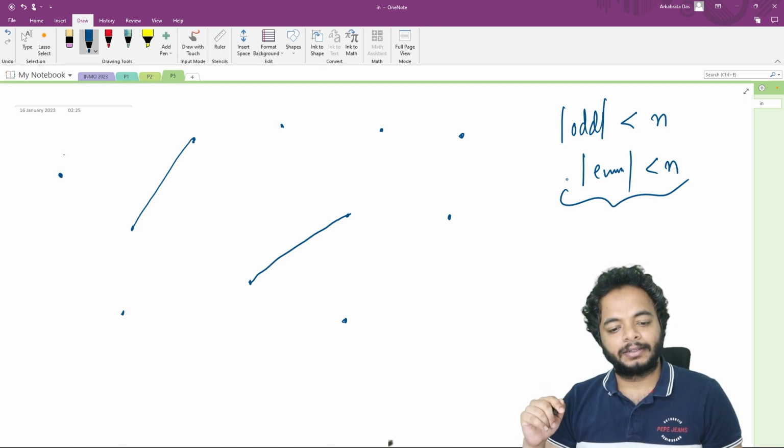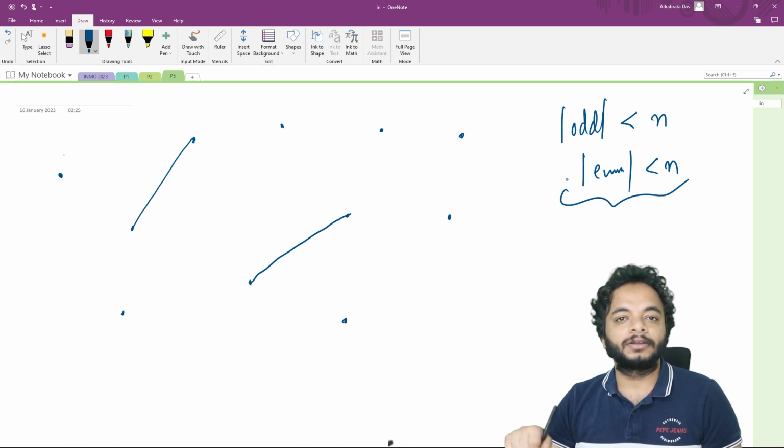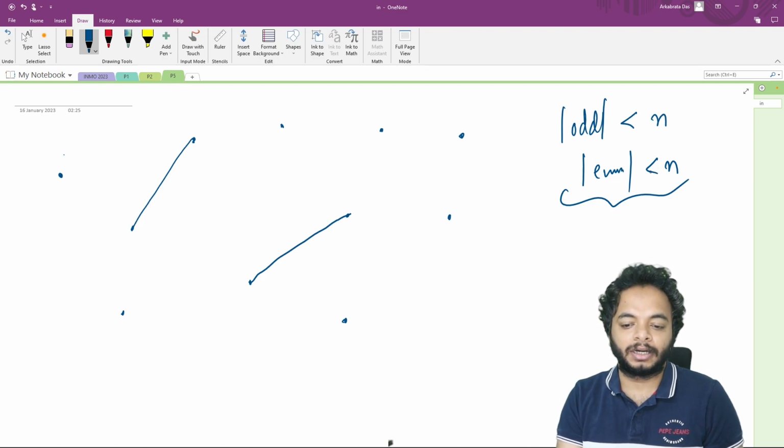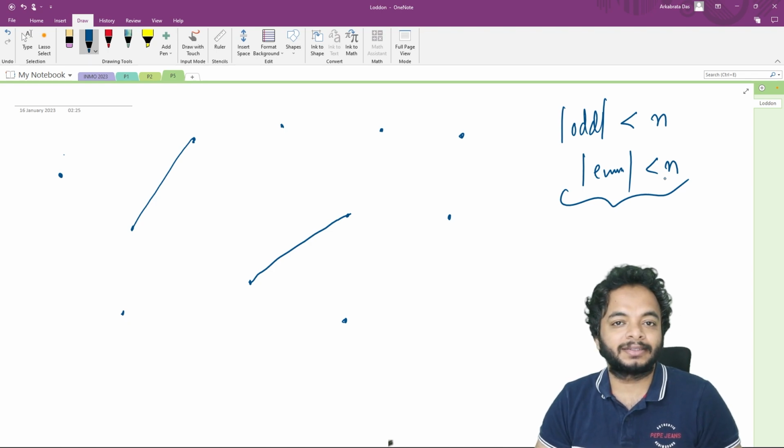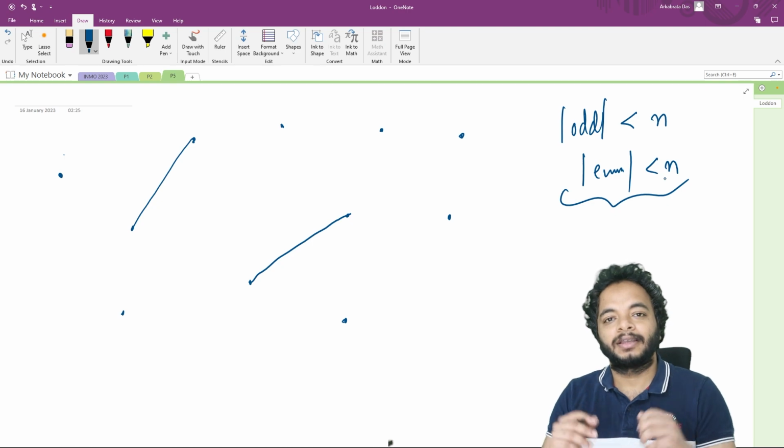Now, if I want to show that the number of such edges is strictly less than n, that is, less than or equal to n minus 1, there is one thing which is helping us.